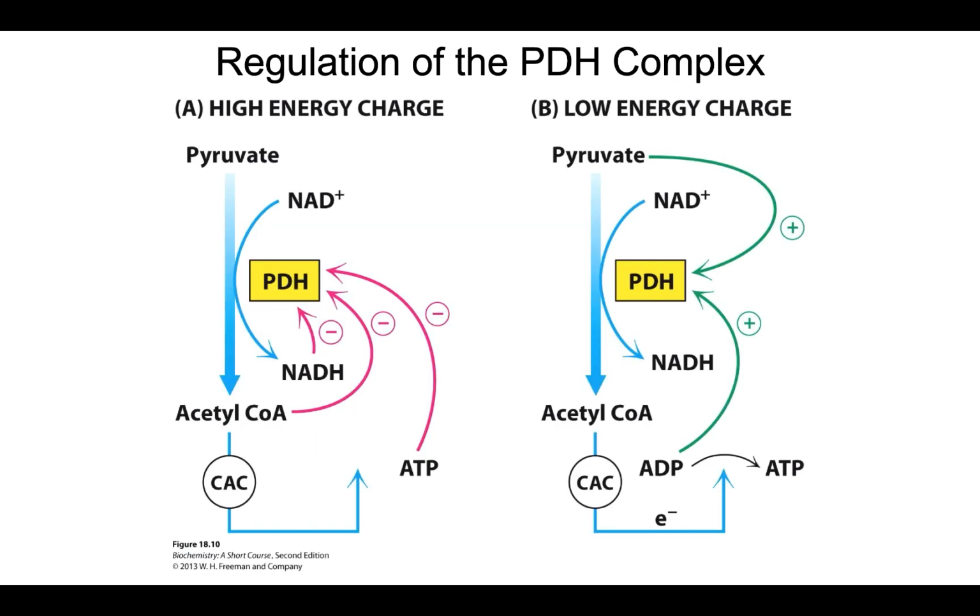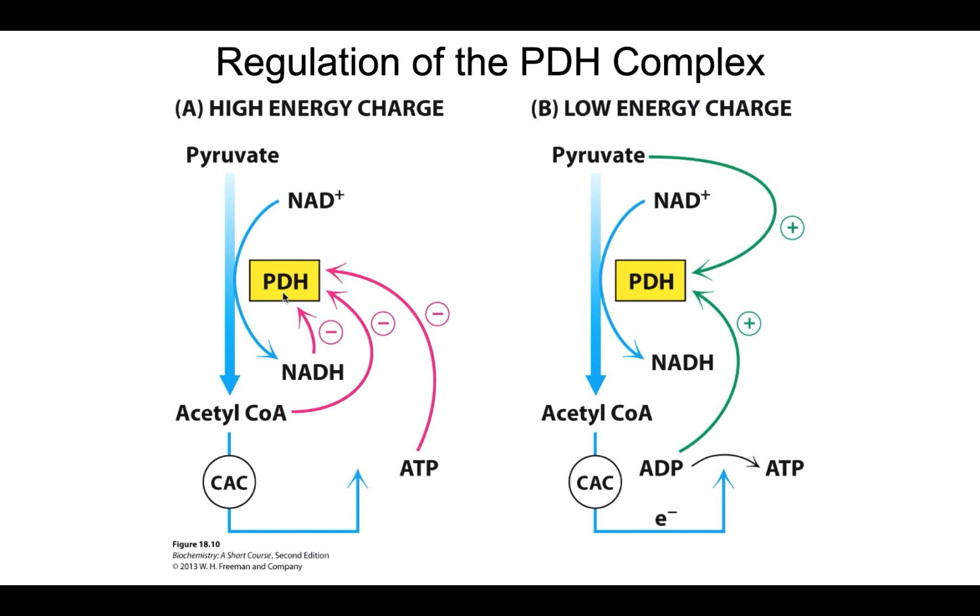And speaking of regulation, let's take a look at some of the factors that go into regulating the PDH complex. Now, the type of regulation that we're talking about is allosteric regulation, meaning that each of these molecules that are essentially a product of the PDH complex are, in this case, allosteric inhibitors of the enzymes in the PDH complex.